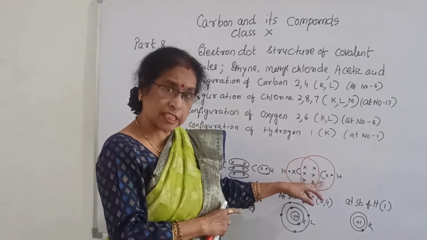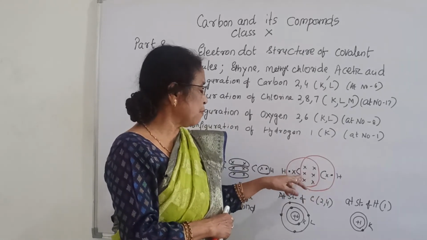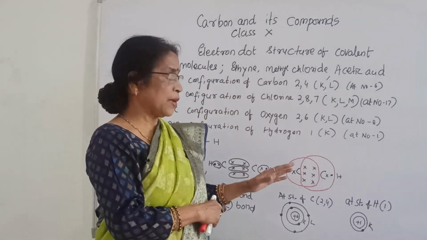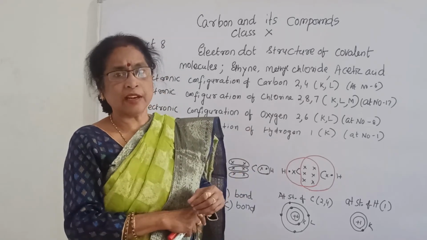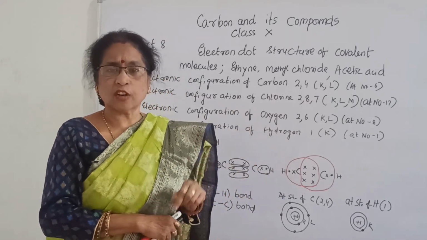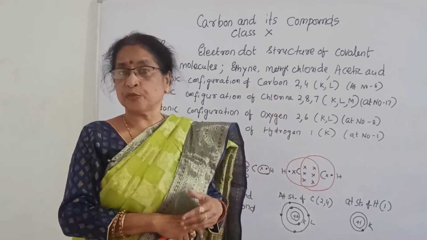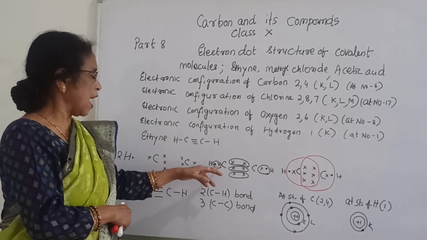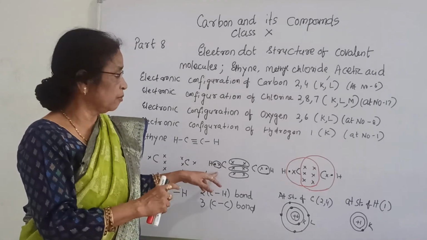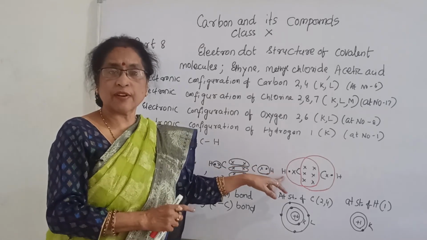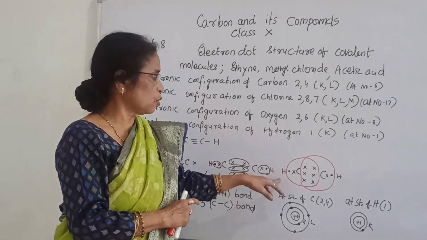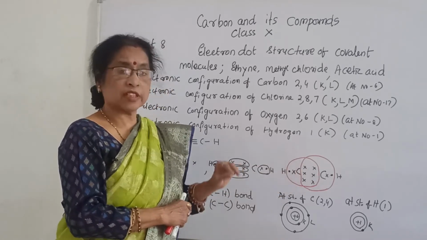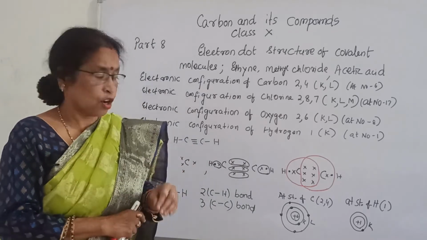For this carbon also you can see 3 pairs of electrons and 1 pair of electrons, totally 4 pairs. 4 pairs means 8 electrons, which satisfies the octet rule and the inert gas configuration of neon. Again see, here 5 bonds, hydrogen satisfies the helium configuration, and carbon satisfies the neon configuration, so the outer shell has 8 electrons and it follows the octet rule.